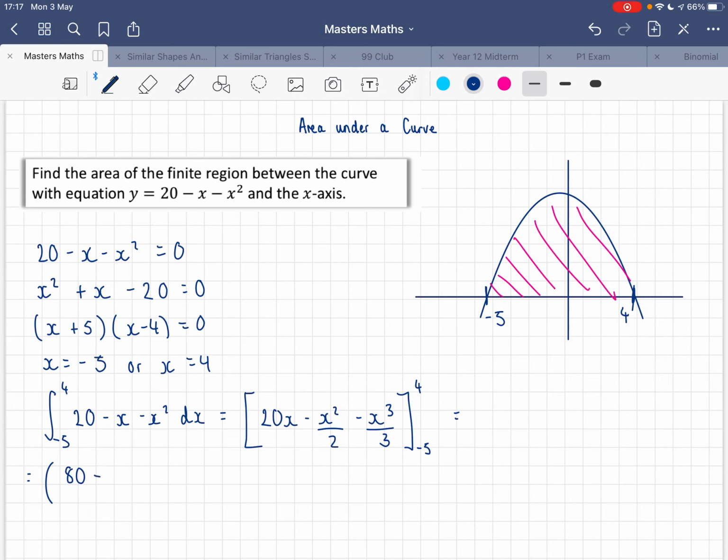So I have 80 minus 16 over 2 minus 64 over 3. And I'm going to subtract minus 100 minus 25 over 2 plus 125 over 3, because negative 5 cubed would be negative 125.